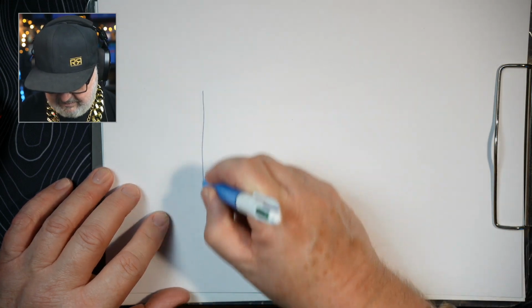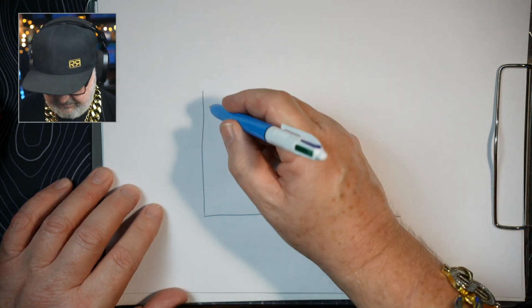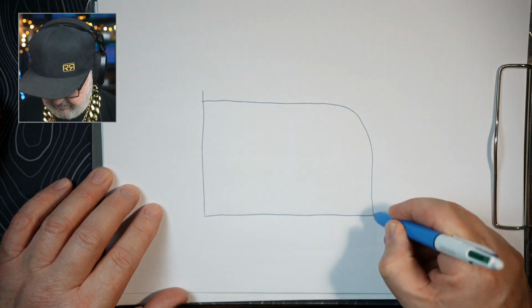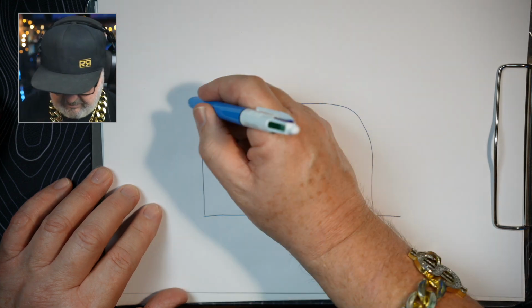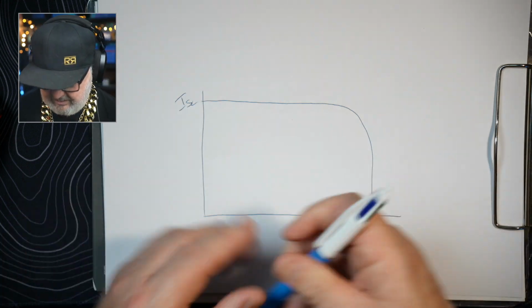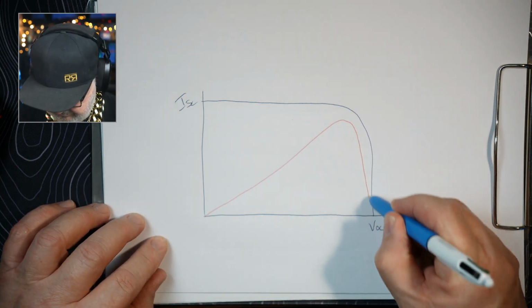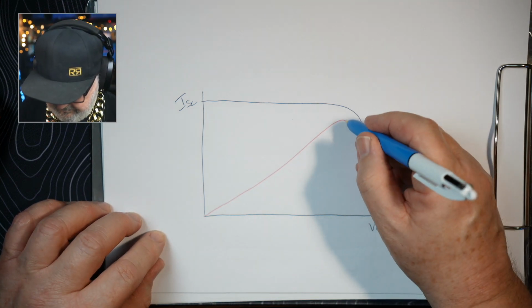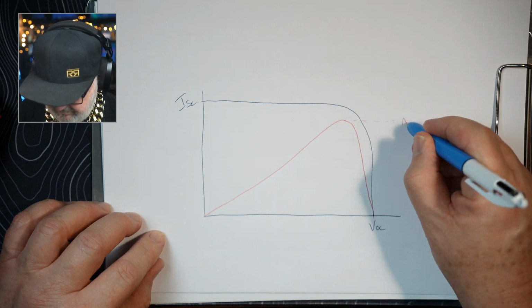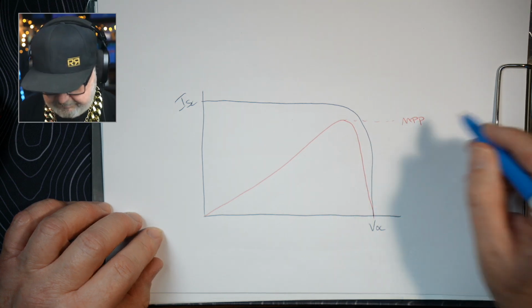Well, let's once again draw one of these IV curves. There we go. So VOC, ISC, and I'll draw the power curve. So here's my power curve, like this. And this is the maximum power point.